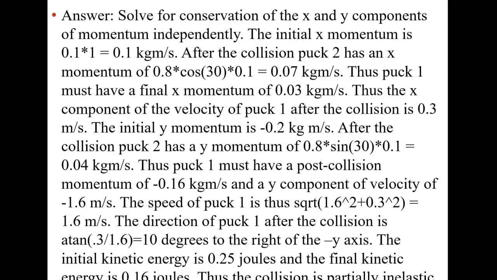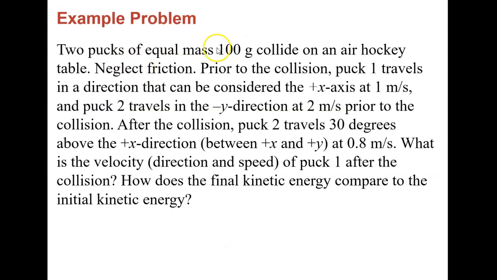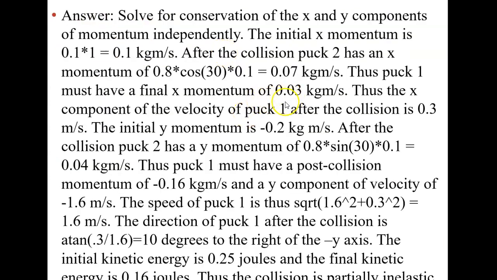So because we know the mass of 0.1 kilograms, and we know its momentum, dividing momentum by mass gets our velocity of puck 1 after the collision of 0.3 meters per second. So the initial y momentum is negative 0.2 kilograms times meters per second.